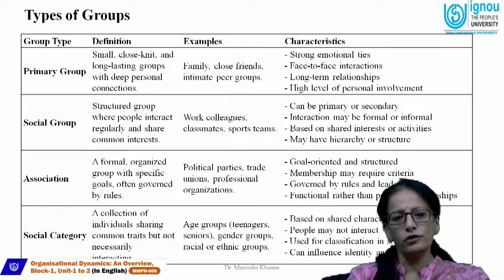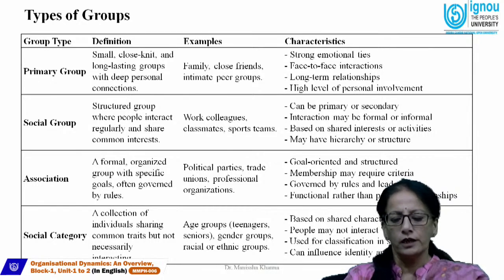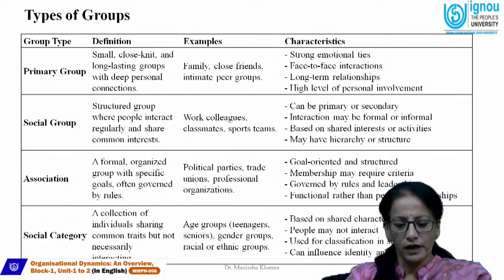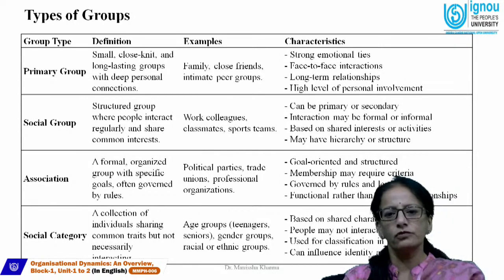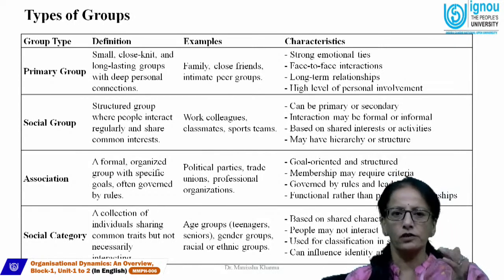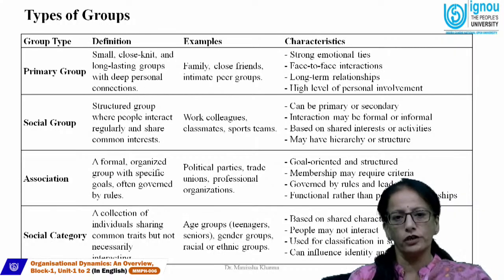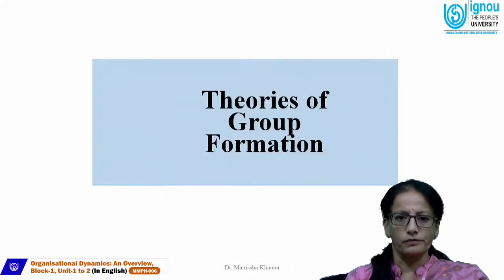It is not for some specific purpose or goal, but they share a specific characteristic that creates the group, and that is used for the classification of society. So these are the basic or general categories of groups.